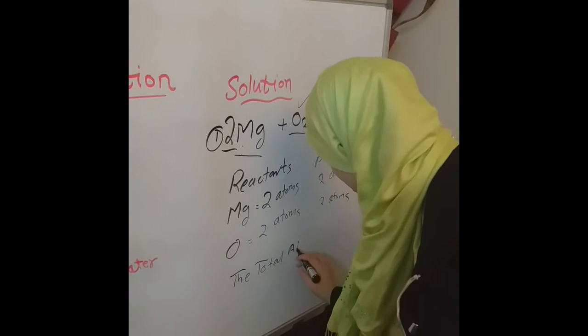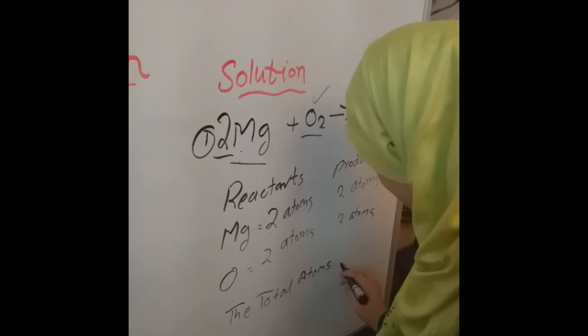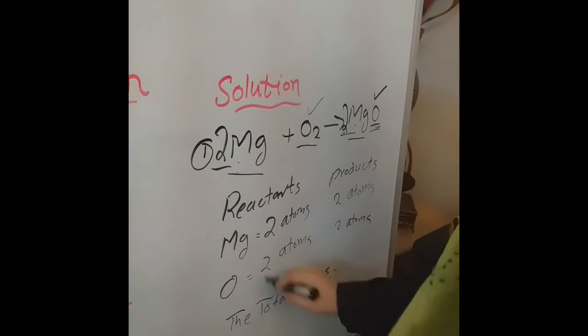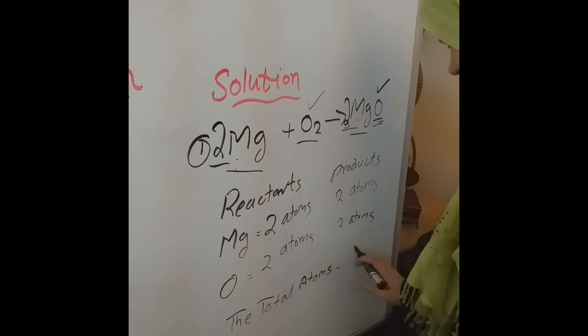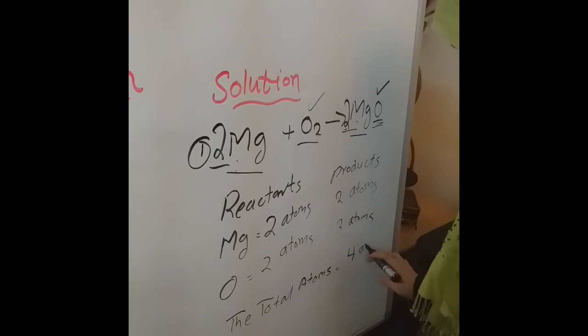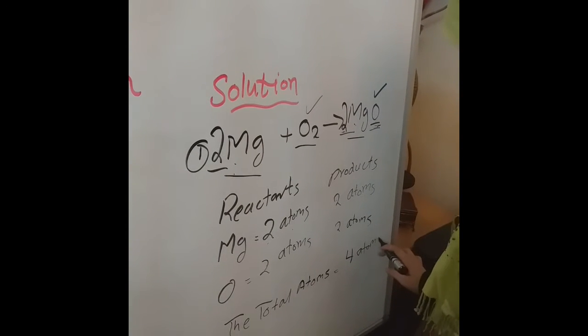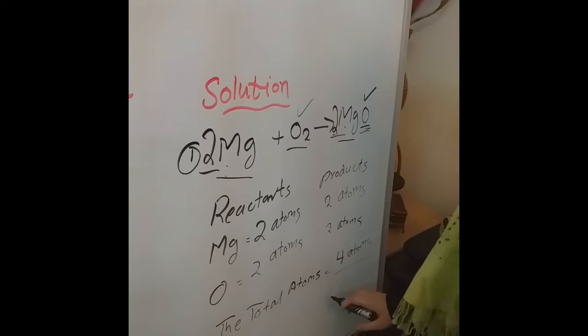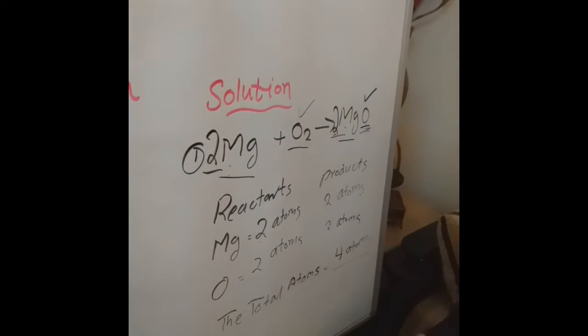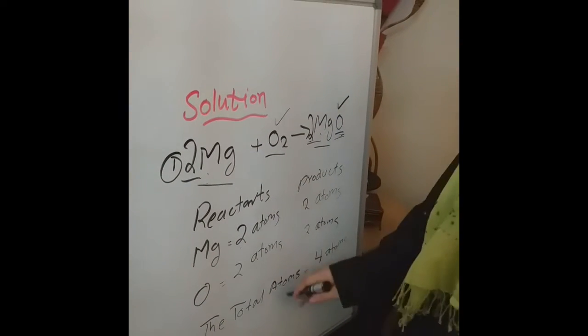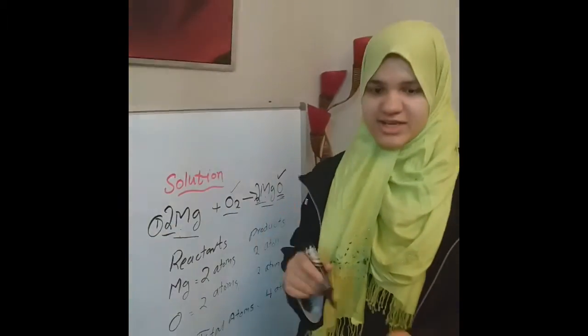The total atoms: 2 plus 2 is 4 and 2 plus 2 is 4, that means 4 atoms. This is the total atoms. So now let us go to the second example.